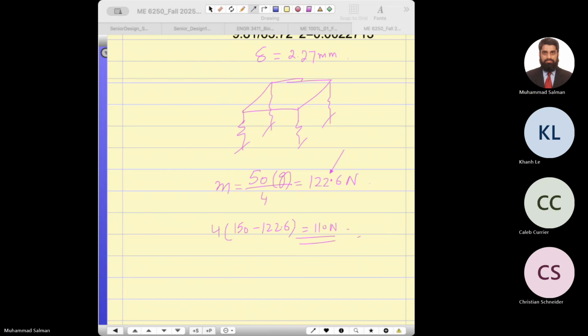So we should mount the instrument on a block that should weigh about 150 minus 122.6, so 110 newtons. That's how you find out the isolator between the block and the table. Place the isolator between the block and the table. Okay, now let's do one more problem.